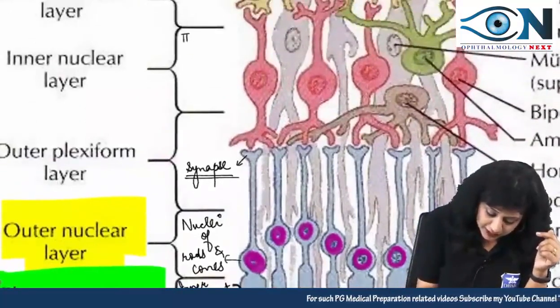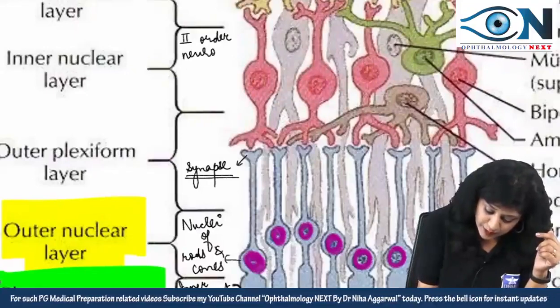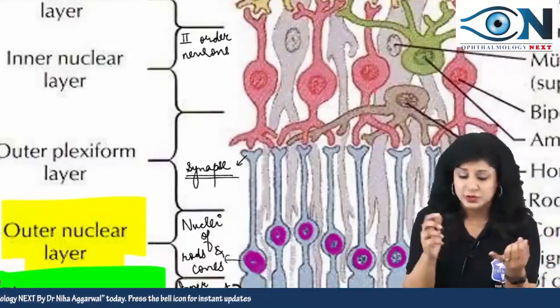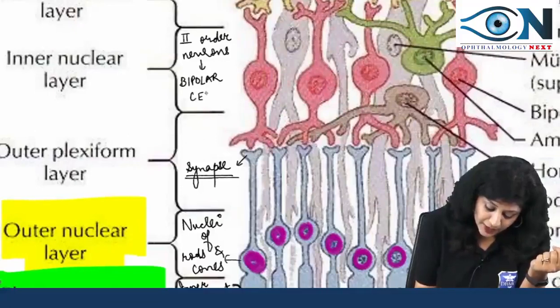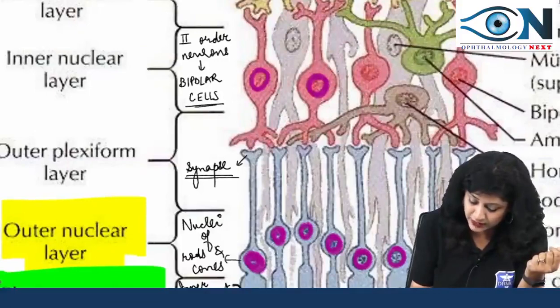Now what are your second order neurons? It will be very easy for you to remember if you remember that rods and cones are your first order neurons. So second order neurons will be your bipolar cells. These will be your bipolar cells. Can you see here also we have got the nuclei.